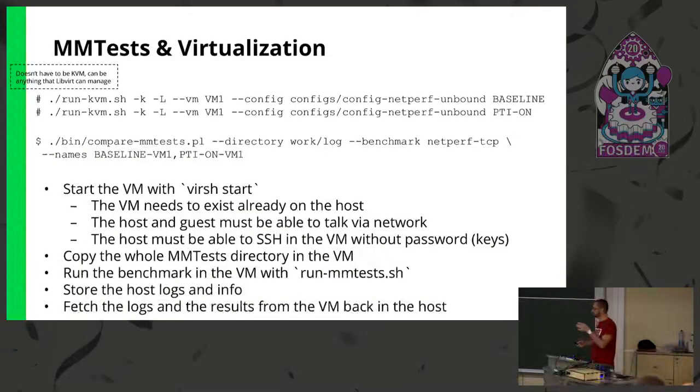So if you use this option -k, which is keep kernel, it just boots the virtual machine with whatever kernel is inside the image of the virtual machine. But if you don't use that option and use other options for providing the kernel, then it uses direct kernel boot for booting your kernel, because you have your changes there and you want to test them.